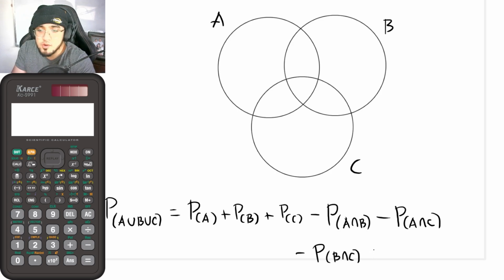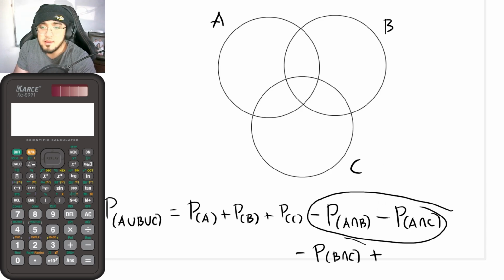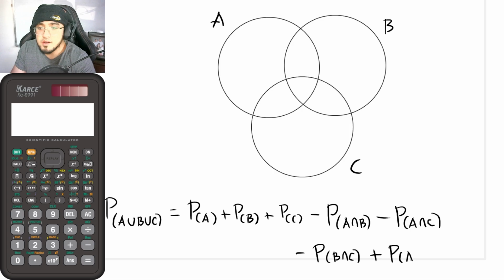But take note that we should now add. Again, we would now be adding this particular intersection at the middle, since we have already subtracted it 3 times. So from that, guys, this is now equal to plus the probability of the intersection of all of them. Okay, so this is now our general formula.